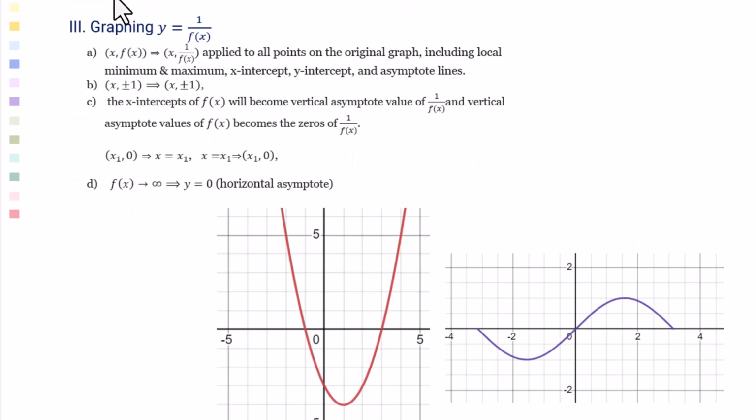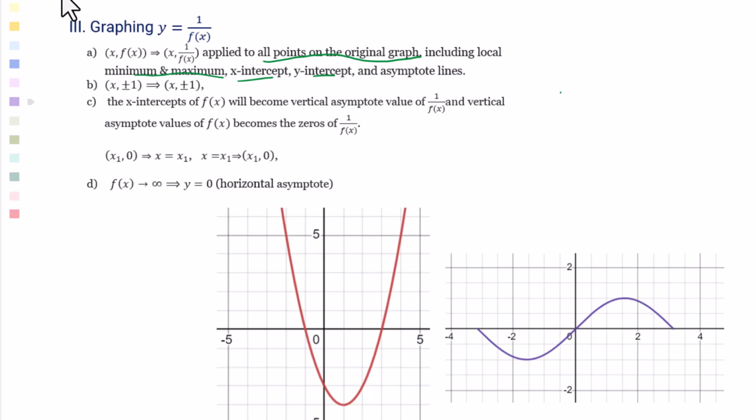Y equals 1 over f of x. The y coordinate will be changed into its reciprocal. This rule will be applied to all points on the original graph, including local minimum, local maximum, x-intercept, y-intercept, and asymptote lines. Points whose y coordinate is positive or negative 1 will stay the same.